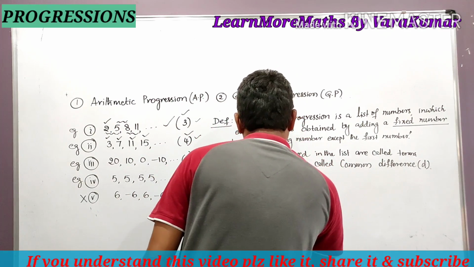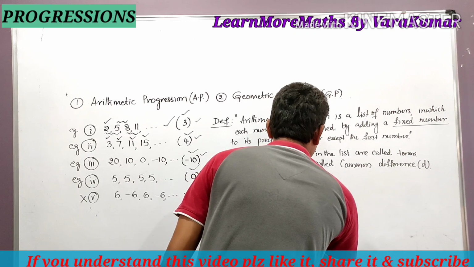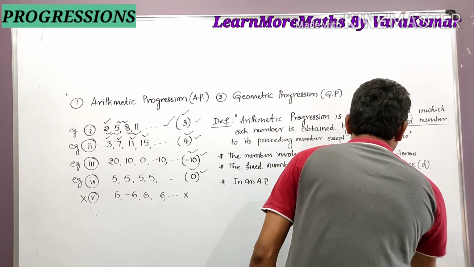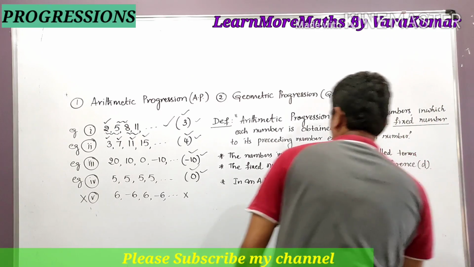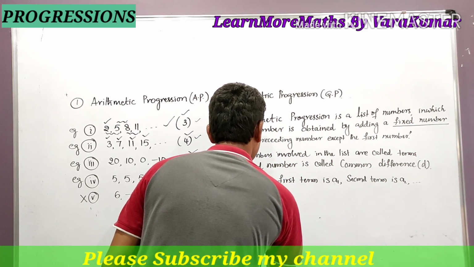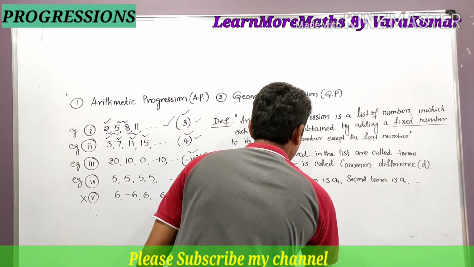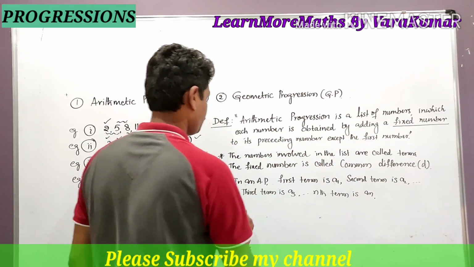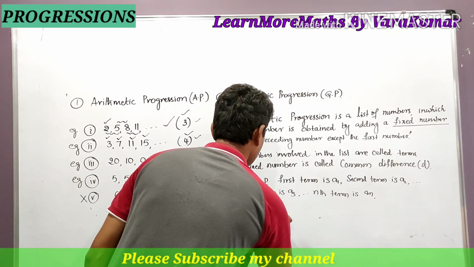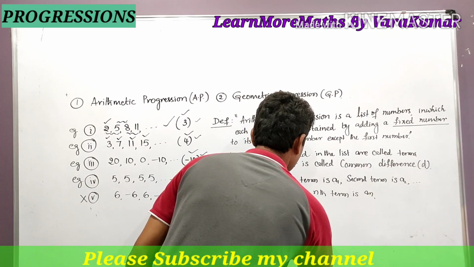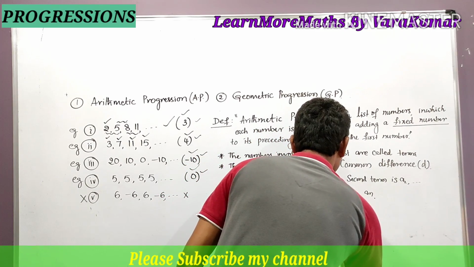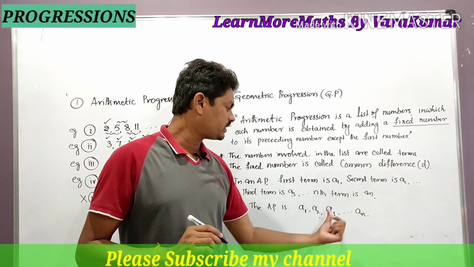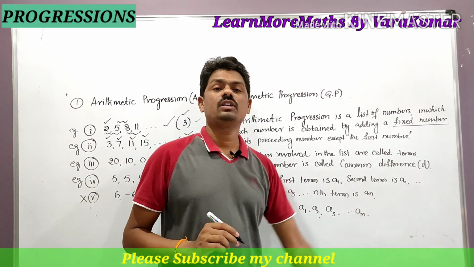So in an AP, first term is A1, second term is A2, third term is A3, and so on, nth term is An. Then the AP is A1, A2, A3, ..., An. So this is AP, student.